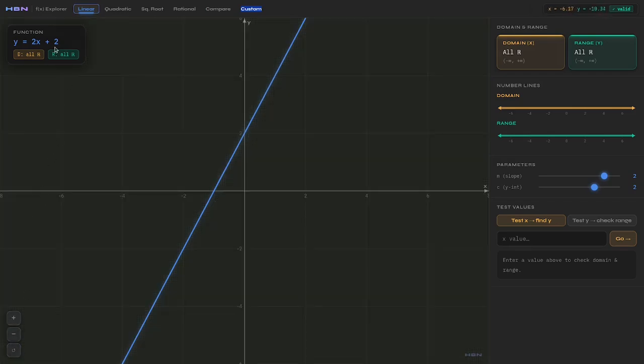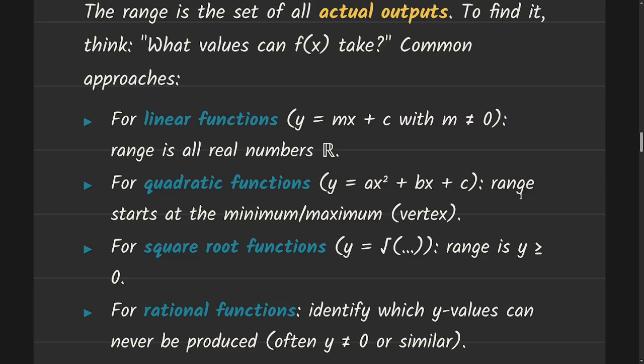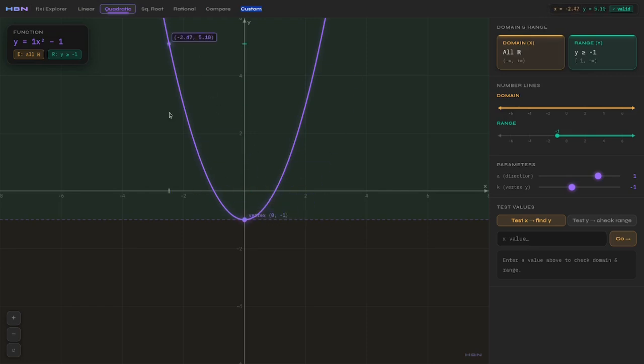On the other hand, when it comes to a quadratic function, there is a different story altogether. We said for quadratic functions, the range starts at the minimum or the maximum value. So for this function over here, which is 1x squared minus 1, that has been graphed, the value of y would only start here.